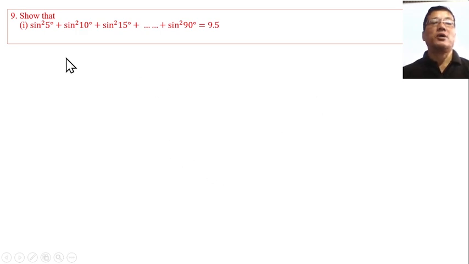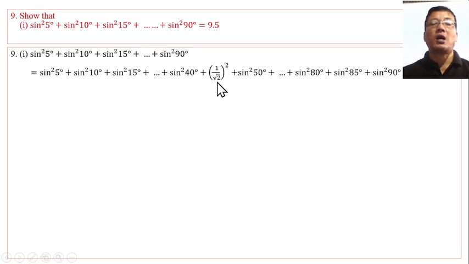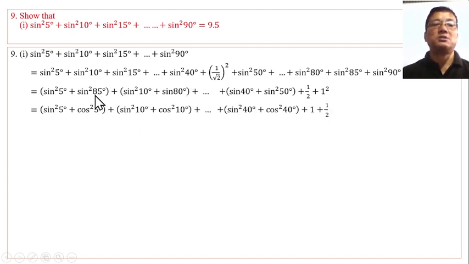So that is sine square 5 degrees, sine square 10 degrees, sine square 15 degrees, up to sine square 90 degrees, equals 9.5. For the function pairs, 45 degrees gives 1 by root 2 squared, so sine 50 pairs with sine 40, and sine 80 with sine 10. Sine and cos are cofunctions.